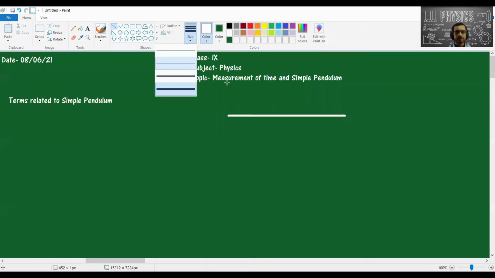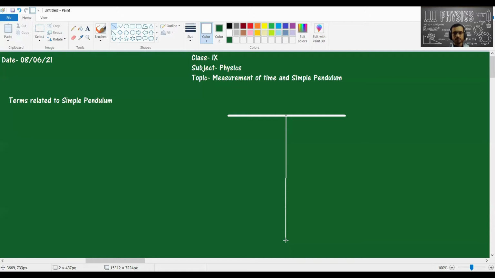And suppose this is the string of the pendulum, and this is a heavy bob, heavy mass known as bob. This is the length of the pendulum.